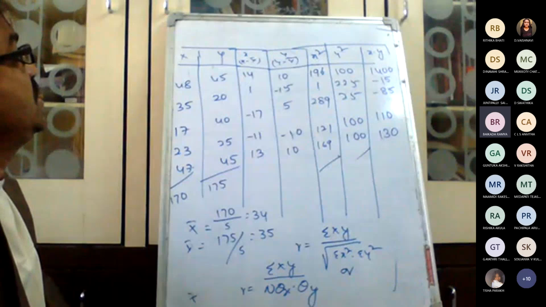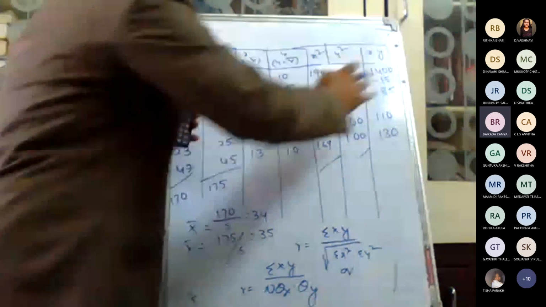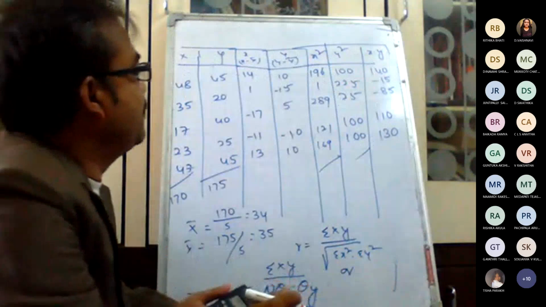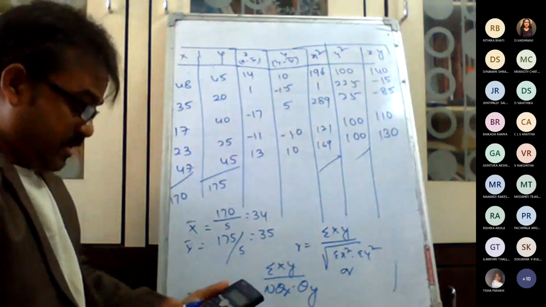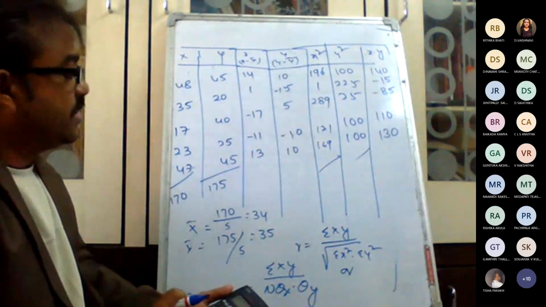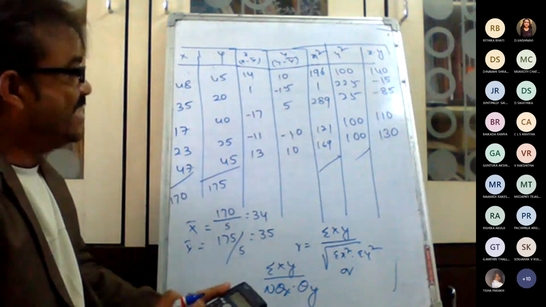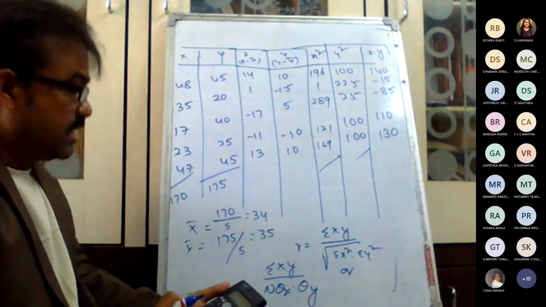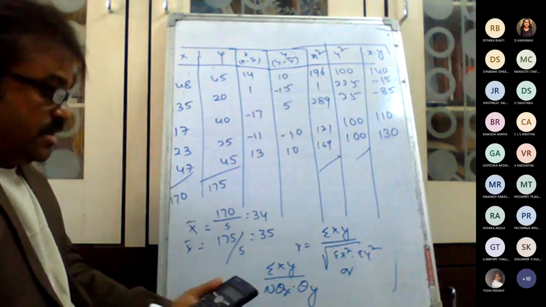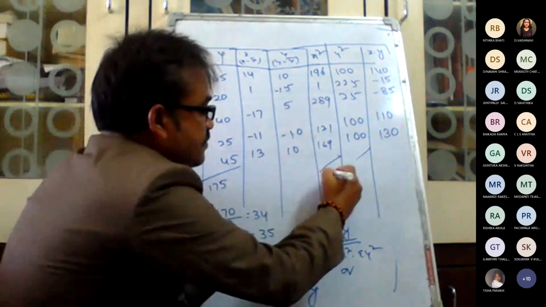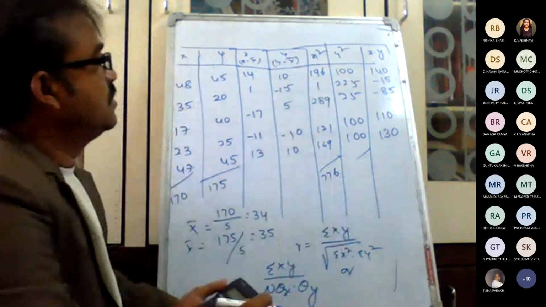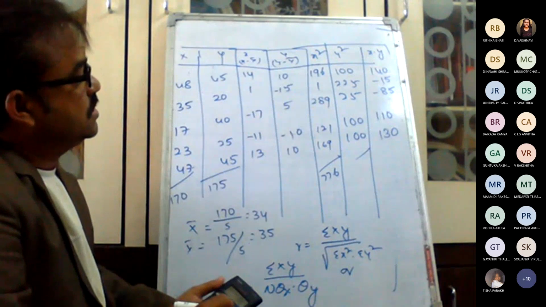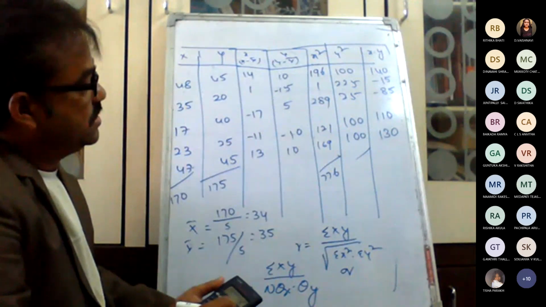Yes, 140. Now we need sigma x square: 196 plus 1 plus 289 plus 121 plus 169 is 776. Sigma y square is 100, 250, 350, 550.